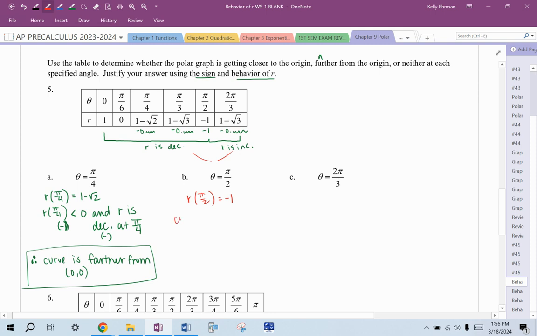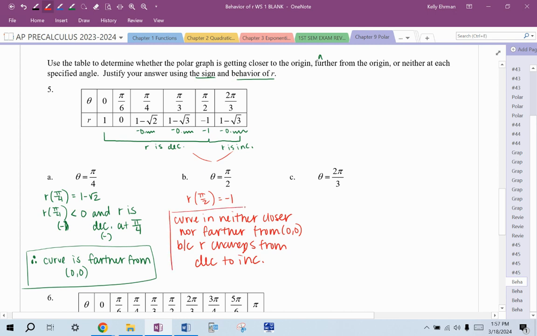So I would say the curve is neither closer or farther from 0, 0 because r changes from decreasing to increasing. Or what did I say last time? Changes behavior. There are a few ways to say that, although again in calculus we like to specify decreasing to increasing or vice versa.